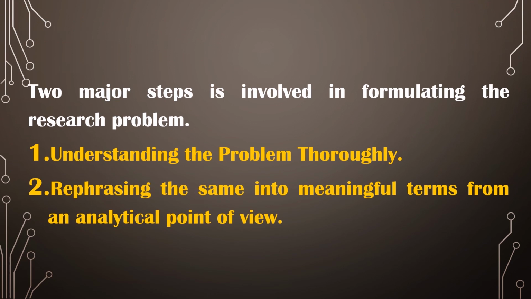Two major steps are involved in formulating the research problem. Number one is understanding the problem thoroughly, and number two is rephrasing the same into meaningful terms from an analytical point of view for the researcher.